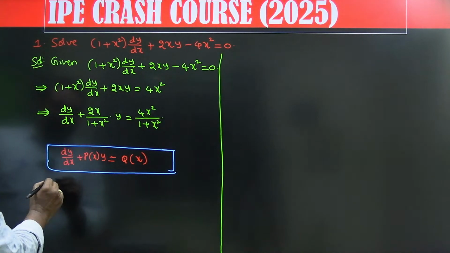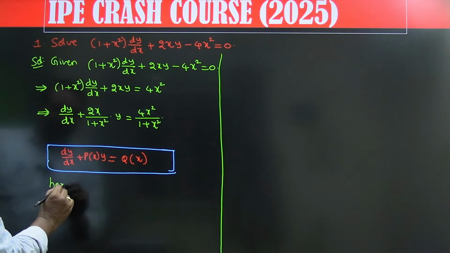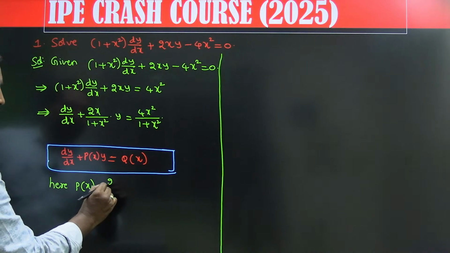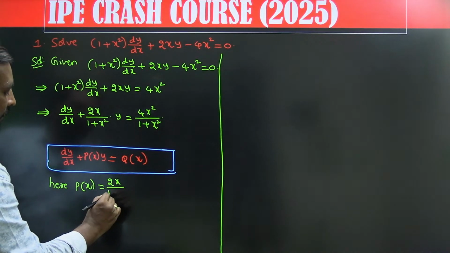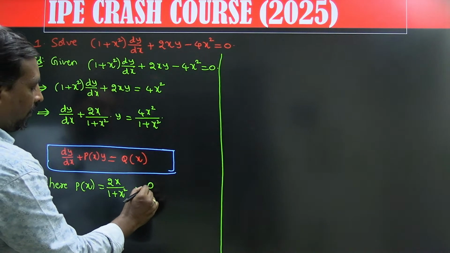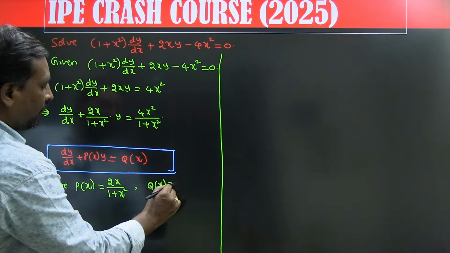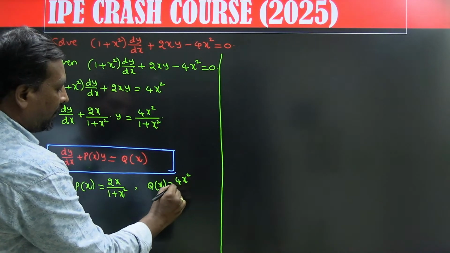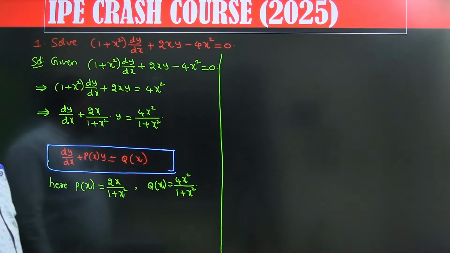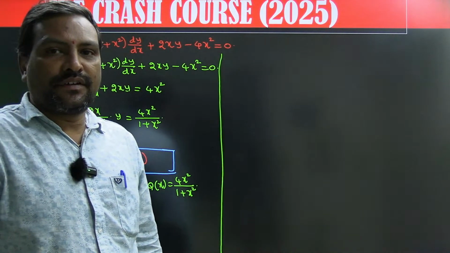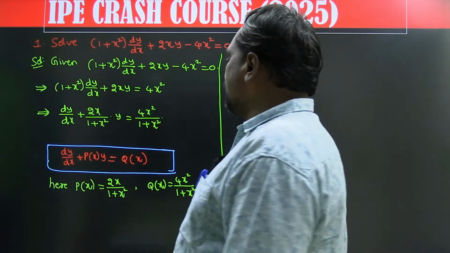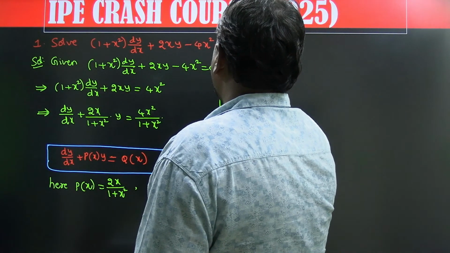Comparing with this one, here p of x is equal to 2x by (1 plus x square), comma, q of x is equal to 4x square by (1 plus x square). Now, first we have to find the integrating factor.